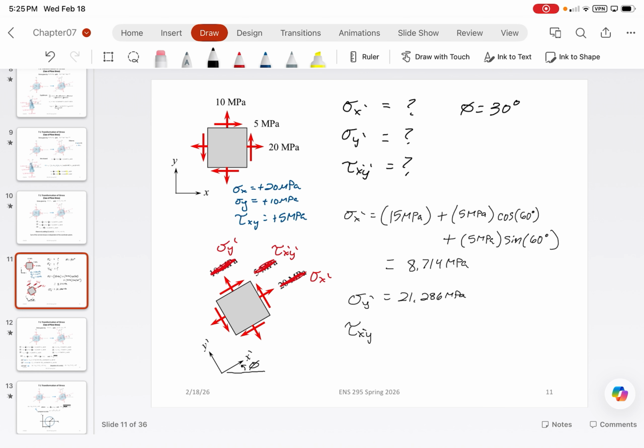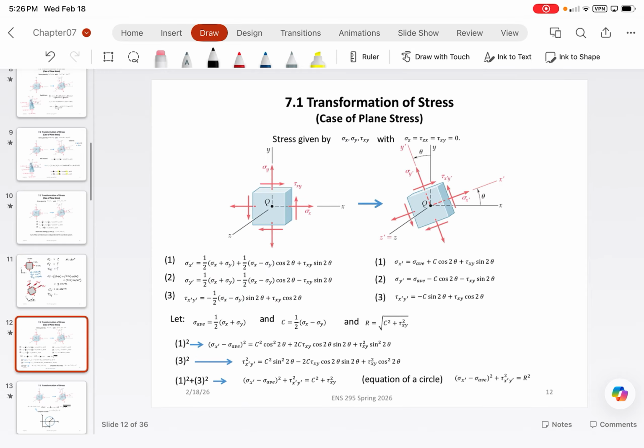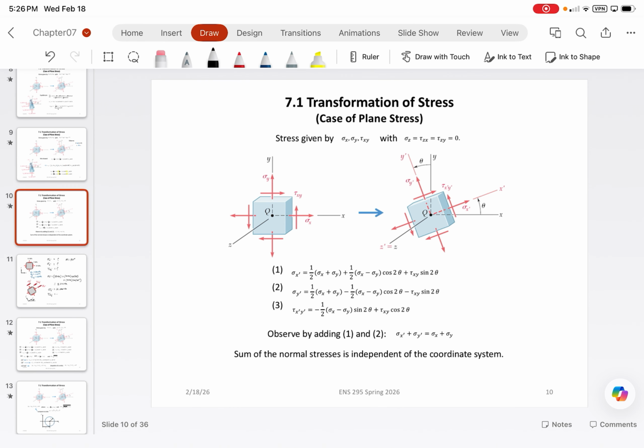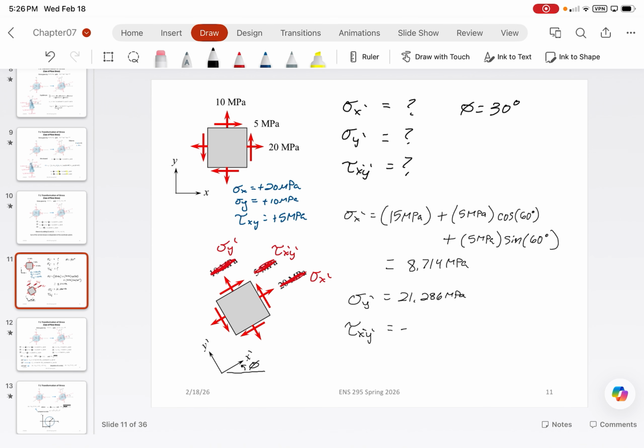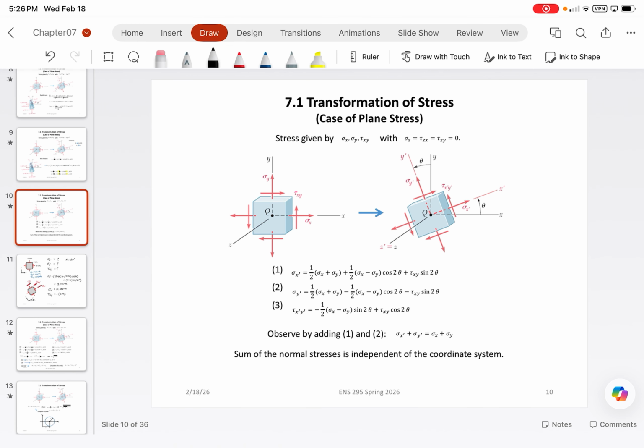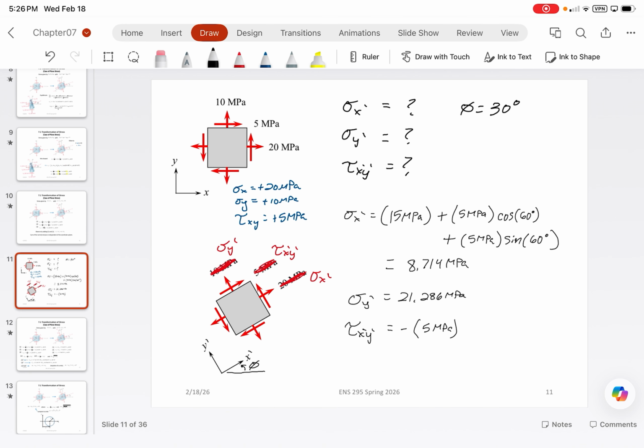And then for tau xy prime, it's negative sigma x minus sigma y, so negative times positive 5 megapascals, sine of 2 theta, plus 5 megapascals cosine of 60.